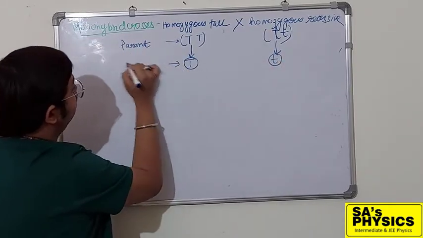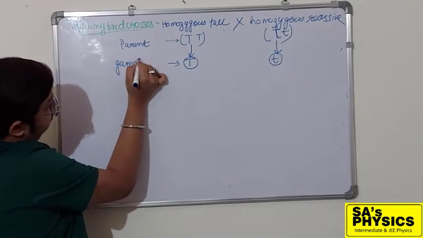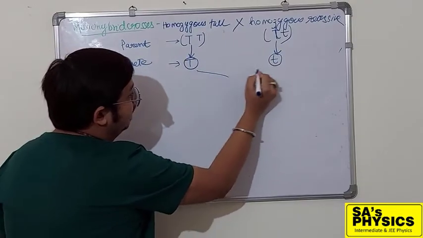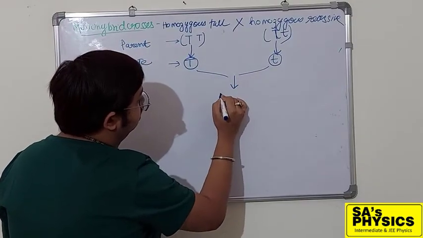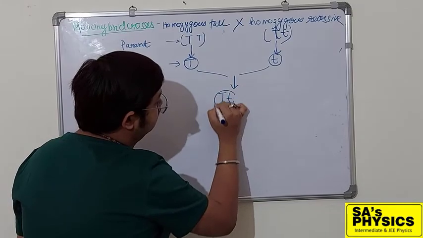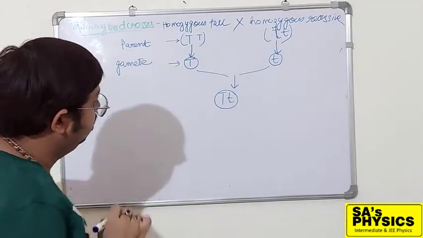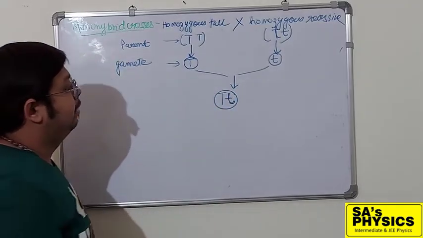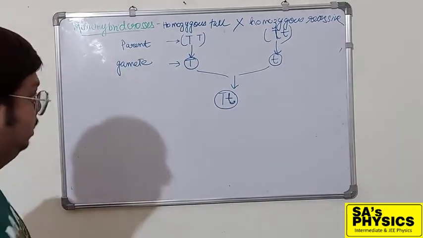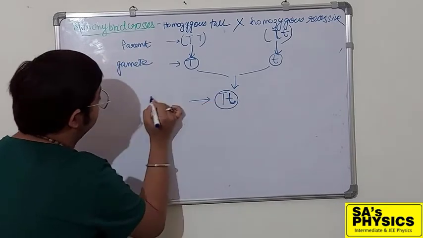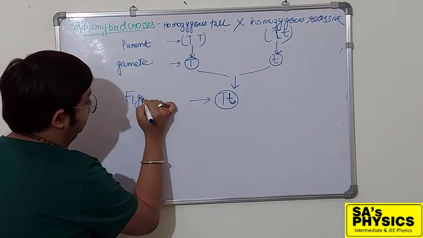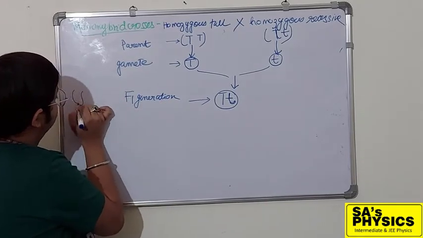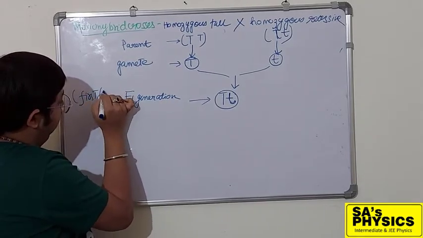So this is your gamete produced, and these two gametes when coming together will produce capital T, small t. This is your F1 generation. Right? It's also called the first filial.